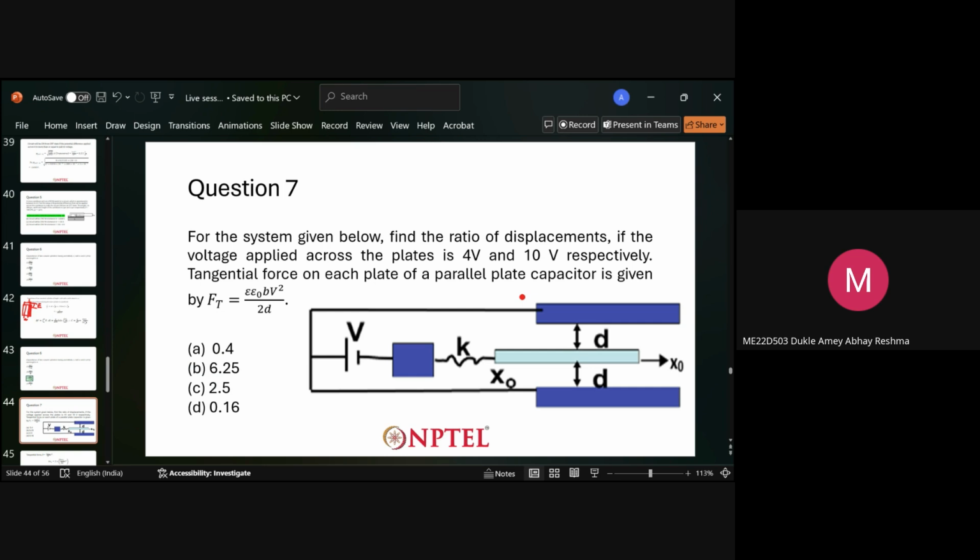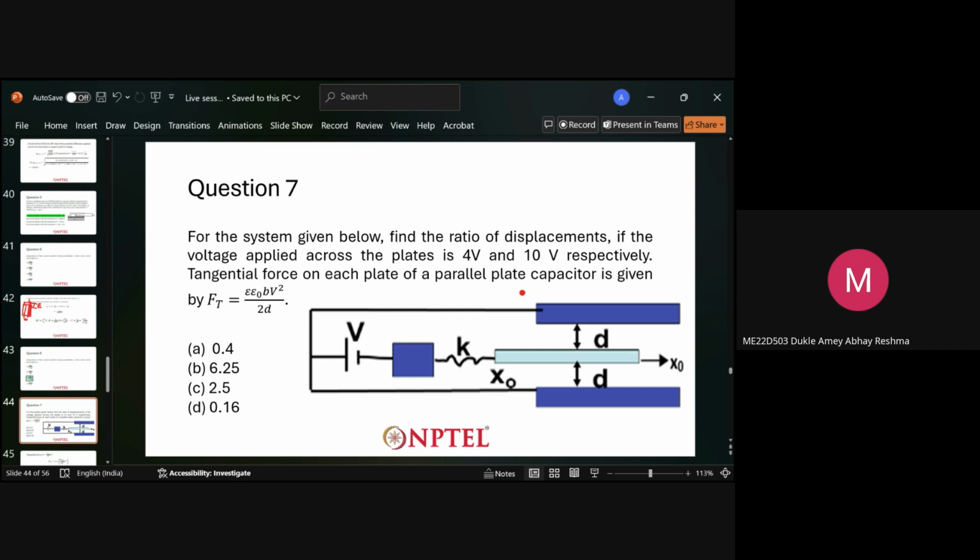For the system given below, find the ratio of displacement if the voltage applied across the plates is 4 volt and 10 volt respectively. The tangential force on each plate of the parallel plate capacitor is given by F_t equals epsilon naught b V squared upon 2d.